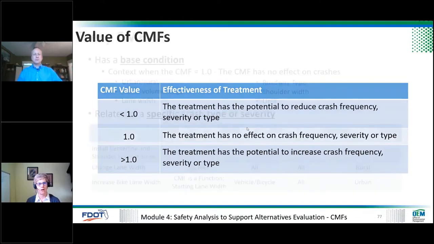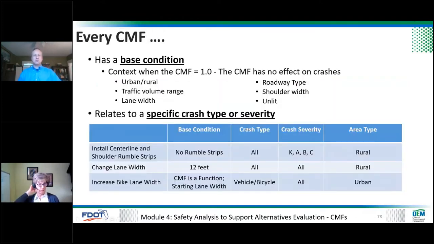Now this is where the details come in. Every CMF has a base condition, and that's the place where the CMF has no effect, and it could be any one of these factors shown here: urban or rural, the traffic volume range, lane width, the roadway type, the shoulder width. It's the condition in which the treatment has no effect.